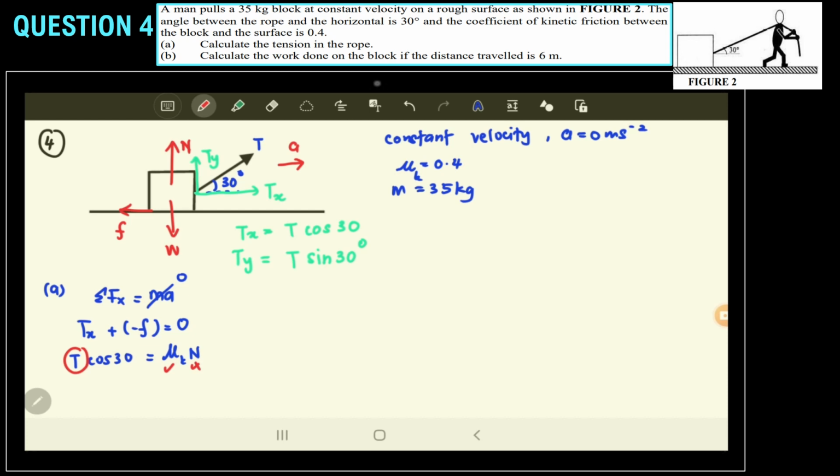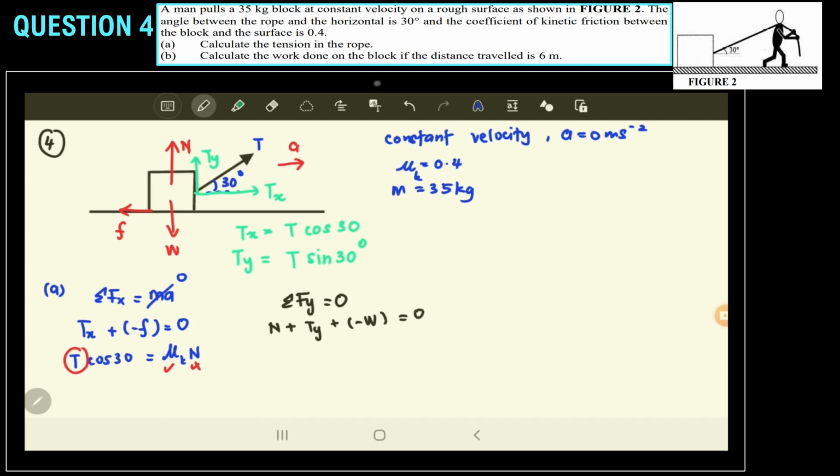So look at the free body diagram here. Where is the normal force? In the y component. So we can write total Fy is equal to 0, because it does not move in the y component. In the y component, we have normal in the upward direction plus Ty in the upward direction and plus negative W is equal to 0.